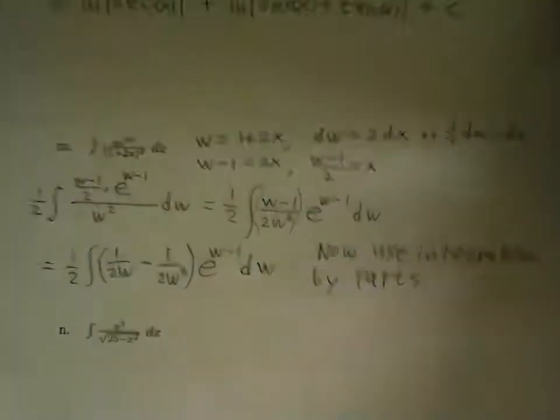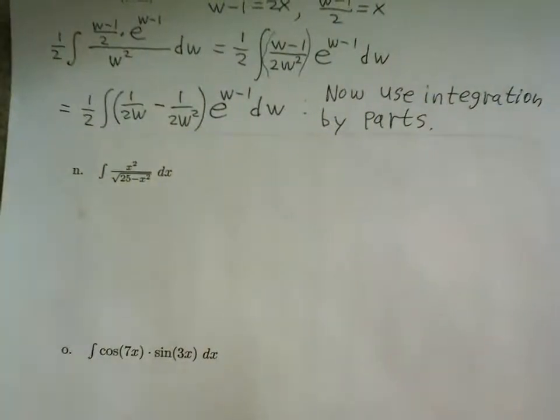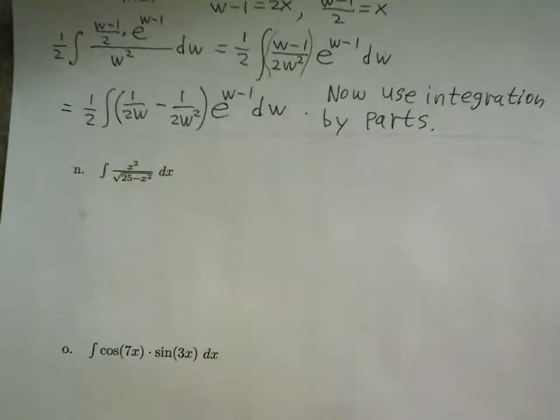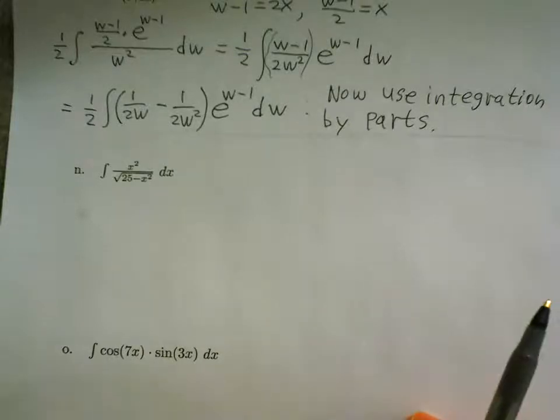Okay, the next problem, the indefinite integral of x squared over the square root of 25 minus x squared dx. This one looks like a trigonometric substitution might get us somewhere.